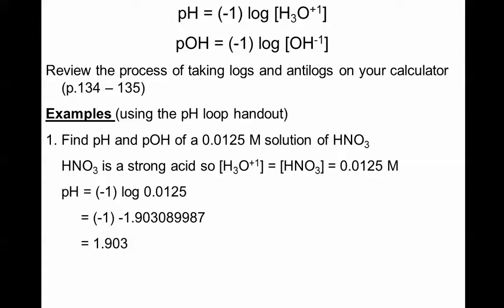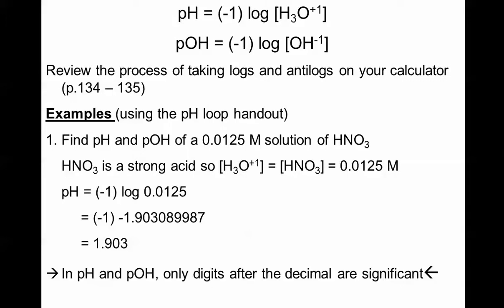Now, in pH and pOH, you really want to focus on the digits after the decimal, and those are significant. So there we go. We have the pH is 1.9, and you see that the negatives have canceled out.